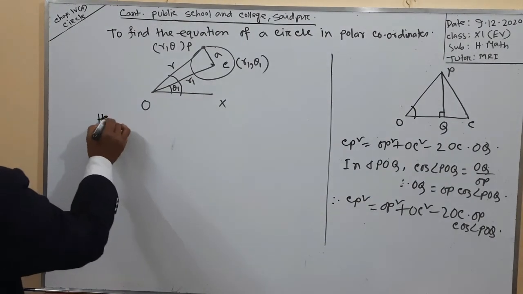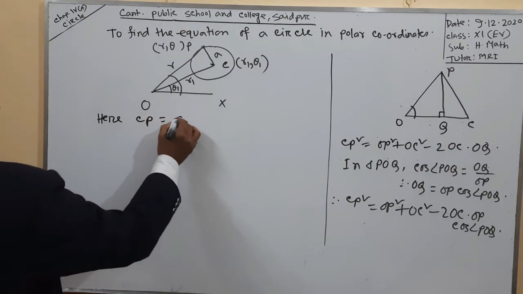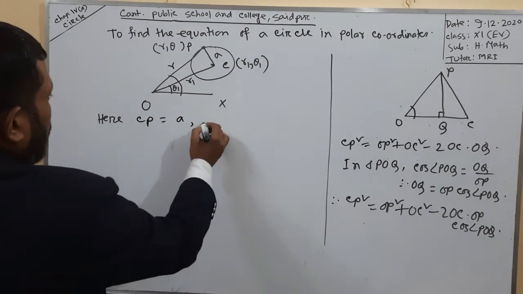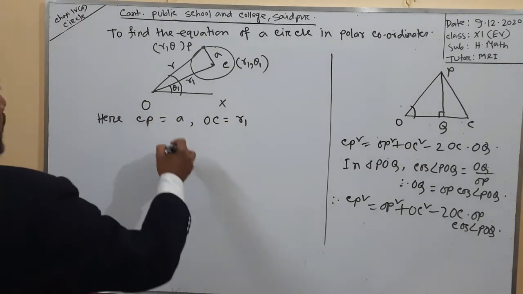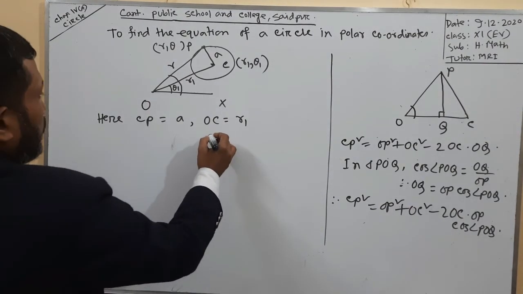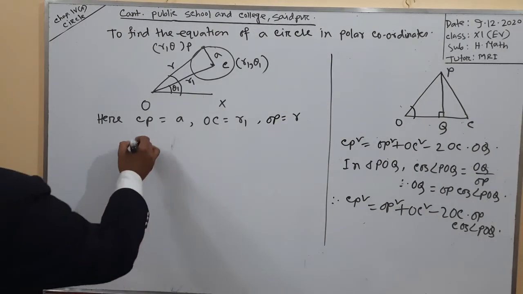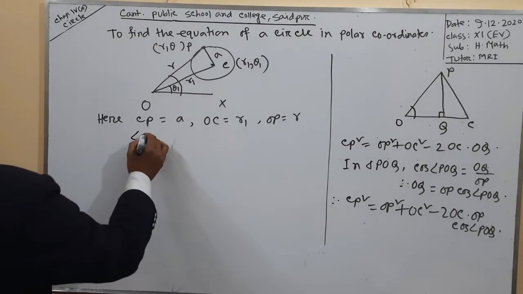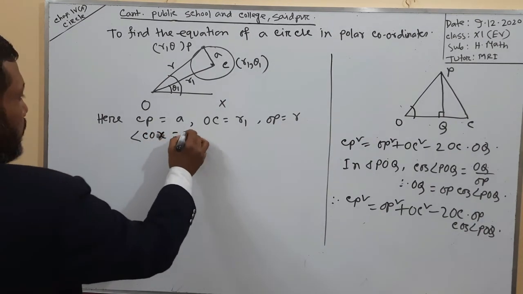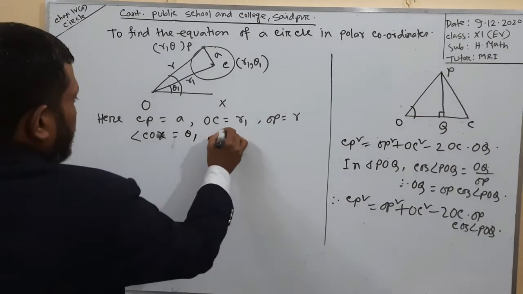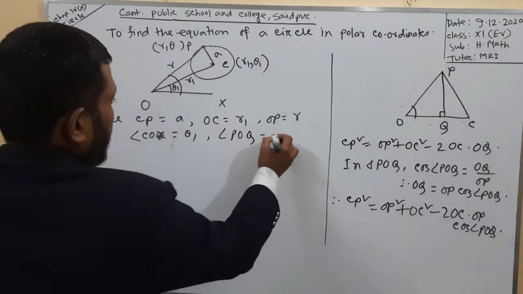Here CP is equal to A, OC is equal to R1, OP is R, angle COX is equal to theta 1 and POX is equal to theta.